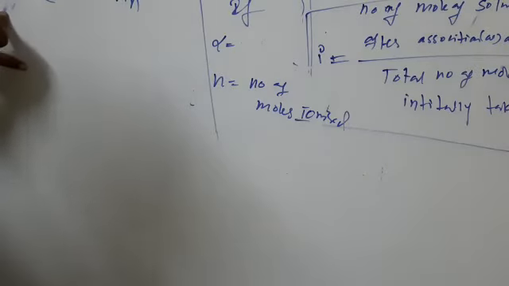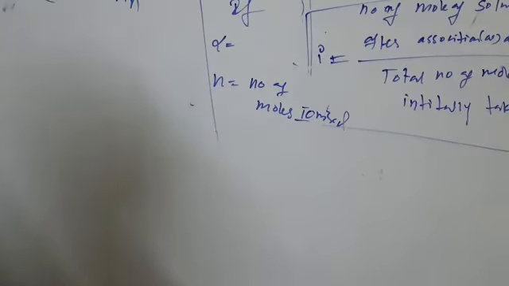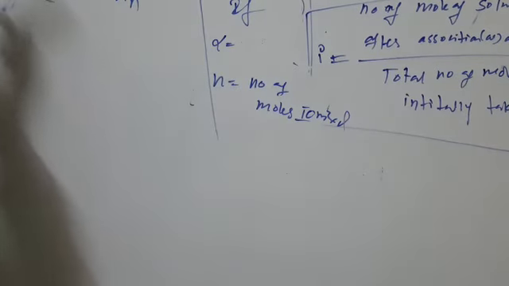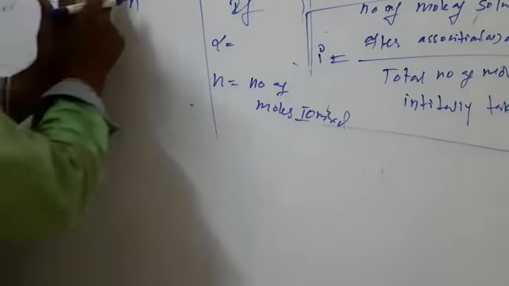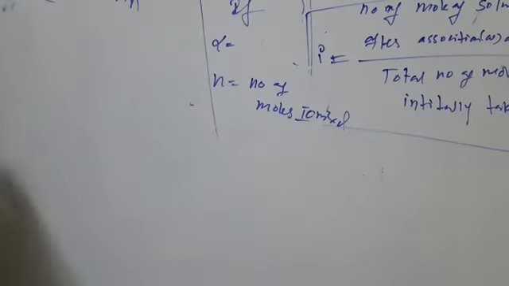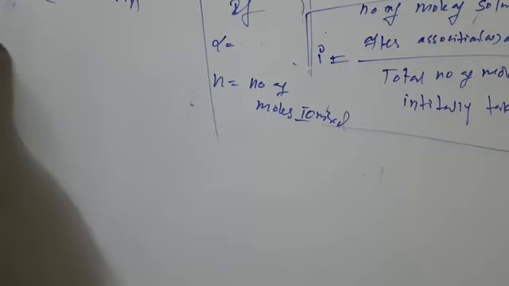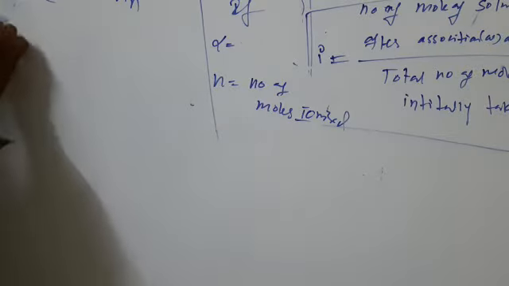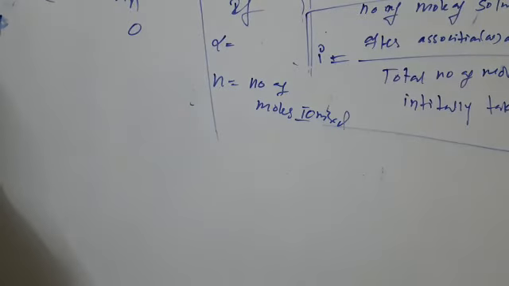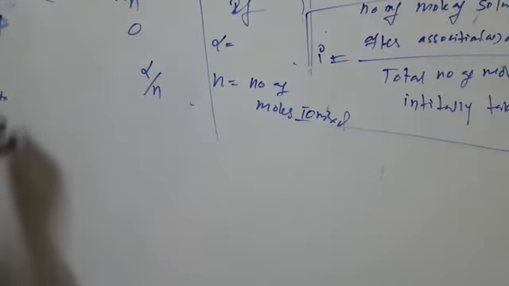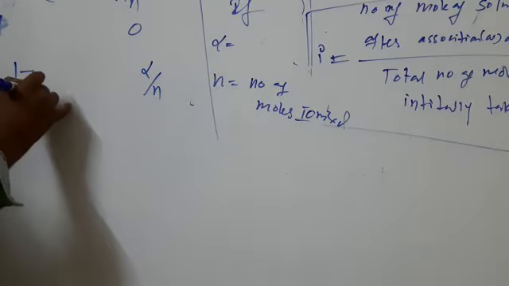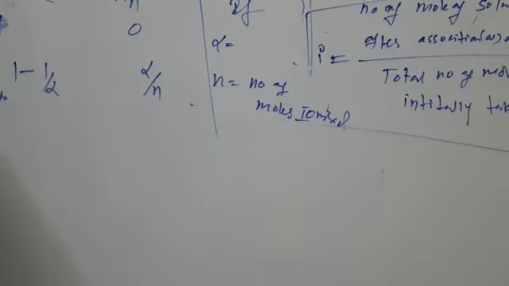If n is 2, two particles combine to give 1 particle; if n is 3, three particles combine to give A3, like that. Initially I take 1 particle and 0 associated. After association, alpha by n particles are formed, and 1 minus alpha remain.